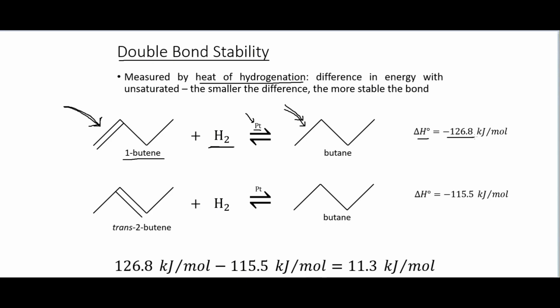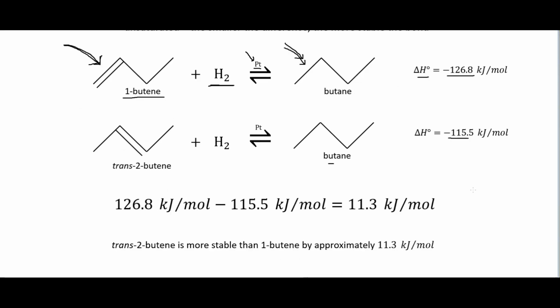So this is an exothermic reaction. But then when we do it to the trans-2-butene, or but-2-ene, whichever naming convention you want to use, to make butane, this is negative 115.5 kilojoules per mole. And so this is still an exothermic reaction.